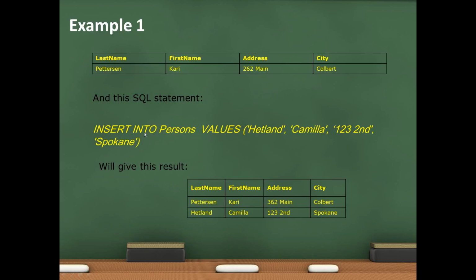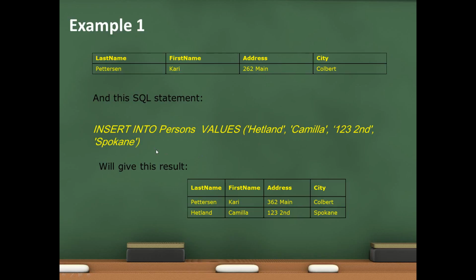So you'll see when I'm on this slide, I'm inserting into a table called persons the values, and I'm putting in Hetland, Camellia, 103rd 2nd Street, Spokane, and that has to be the order in which the table's fields exist. The first field, or at least the first non-identity field, has to be last name, then first name, then address, and then city, in that order. I could, in essence, have state, zip code after that, as long as they're not required fields.